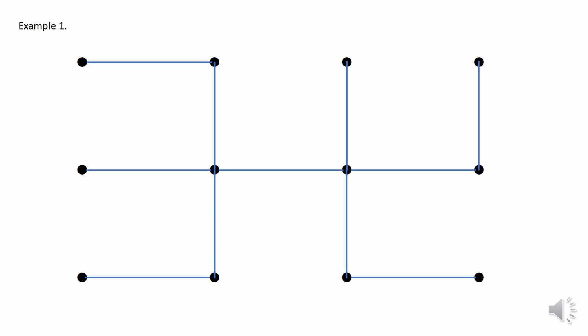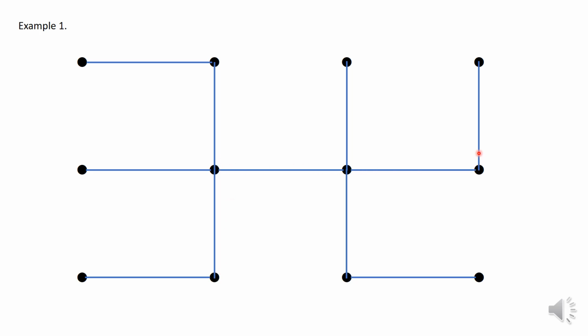Example 1. This diagram represents a network. A network consists of nodes, which are depicted by these black dots, and branches. The branches are the lines that connect two nodes.